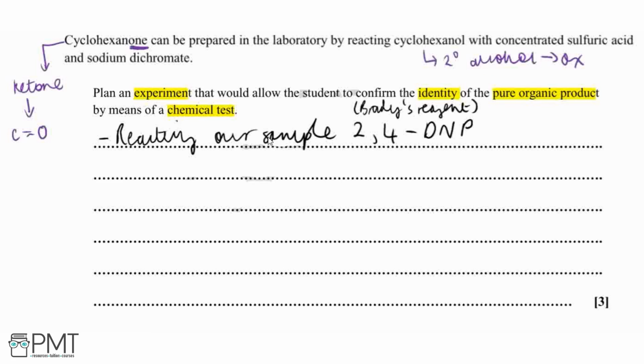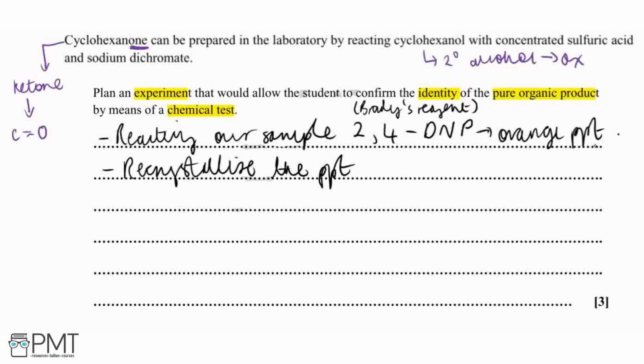And what happens when we react our sample with this 2,4-DNP is we're going to get an orange precipitate due to the presence of that carbonyl bond. And the key thing here is that we're producing a precipitate. So now that we've got our precipitate, we can recrystallize this. And we're recrystallizing our precipitate in order to purify it. And then we can determine the melting point of our precipitate.